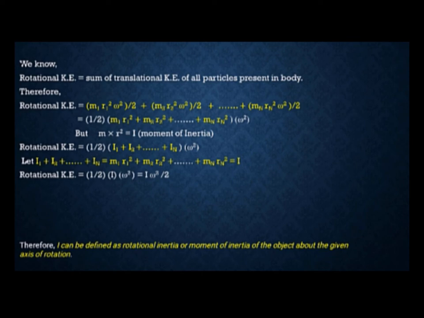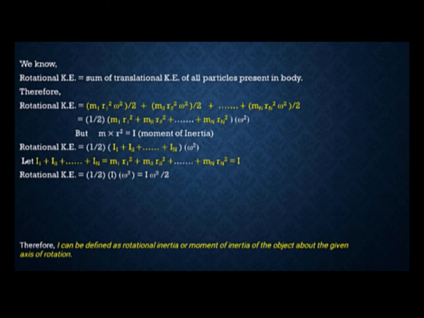Therefore, rotational kinetic energy is equal to half times I1 plus I2 plus, and so on, plus In, into omega square. Therefore, rotational kinetic energy is equal to half I omega square.